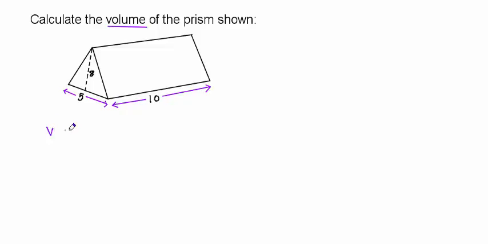We know that the volume is given by the formula: the area of the polygon that you have on the two ends. In this case, the polygon happens to be a triangle. Therefore, the area of the triangle times the length of the prism.